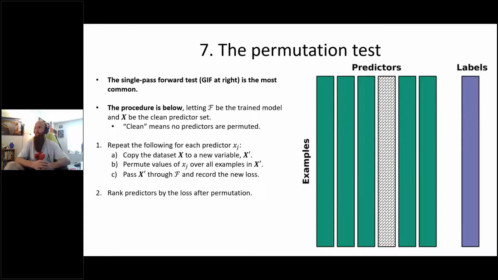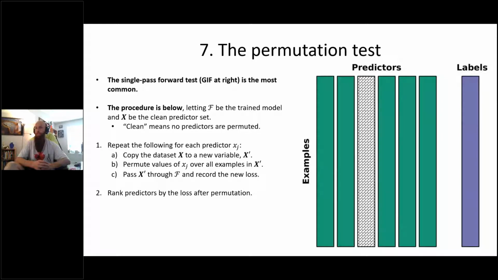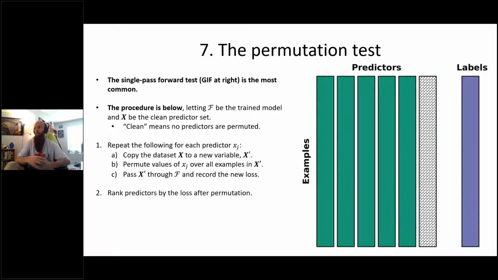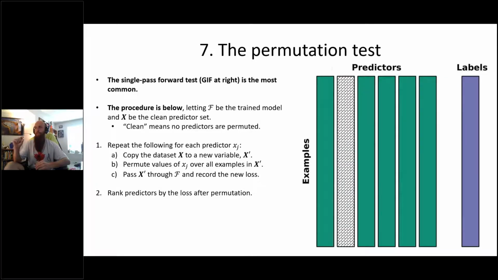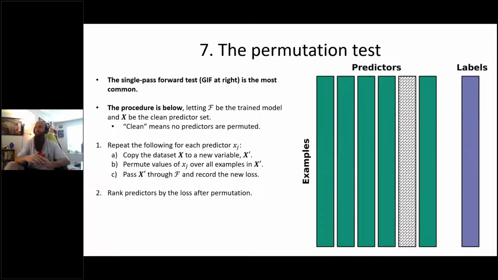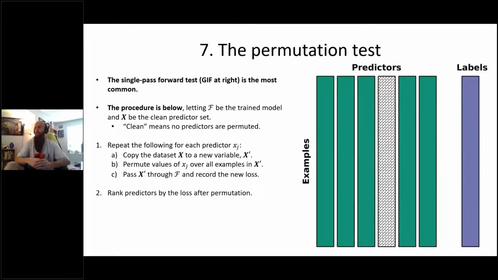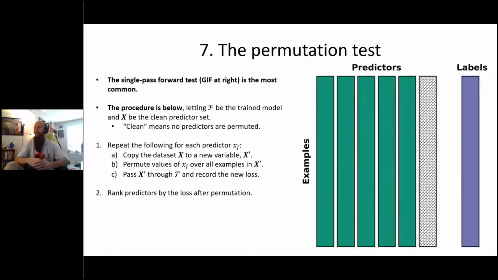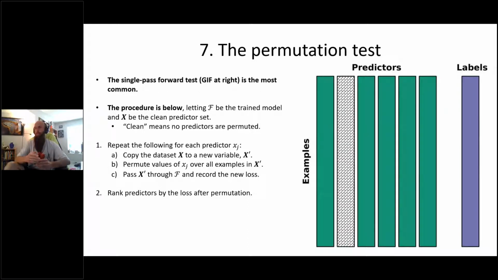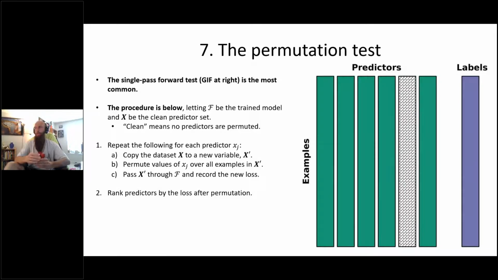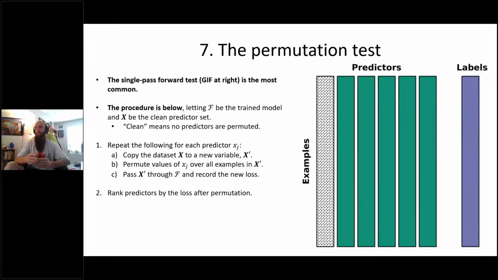When the column is solid green, that means the predictor variable is clean, so it hasn't been permuted, it's in the correct order. And when it turns into that weird diagonal brick pattern, that means the values in that column have been shuffled or permuted. So basically you go through your data set once and you only permute one predictor at a time, then you run that perturbed data through the model and you see what the new loss function is.